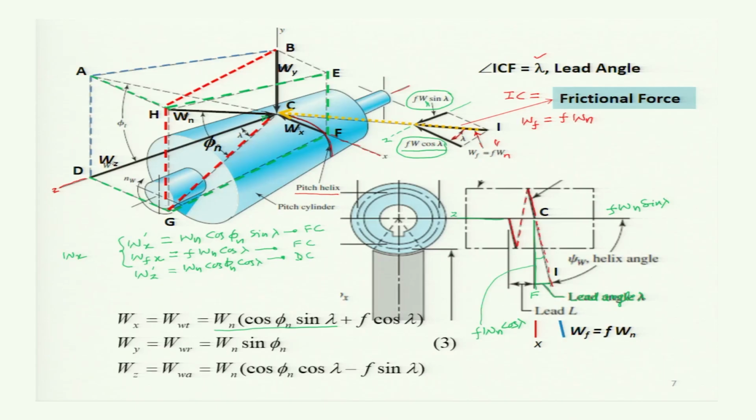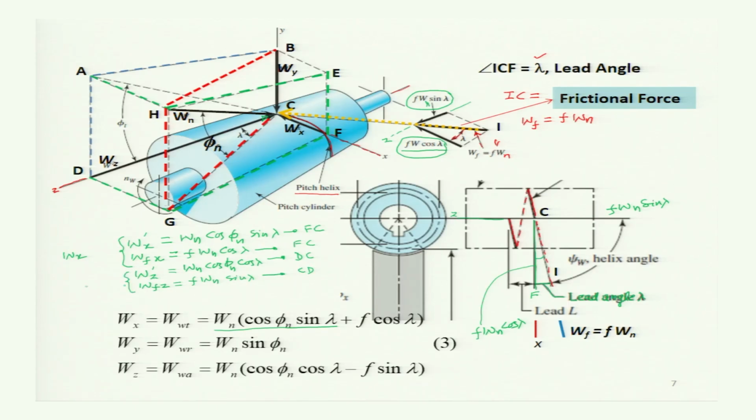Now let's see the frictional component which is added due to sliding motion, mostly sliding motion, along this direction, along the positive z direction. It is opposite to this Wz dash. So the friction force along the direction of z is given by Fwn sine of the lambda, and this is acting from C to D, opposite to the direction of this Wz dash.